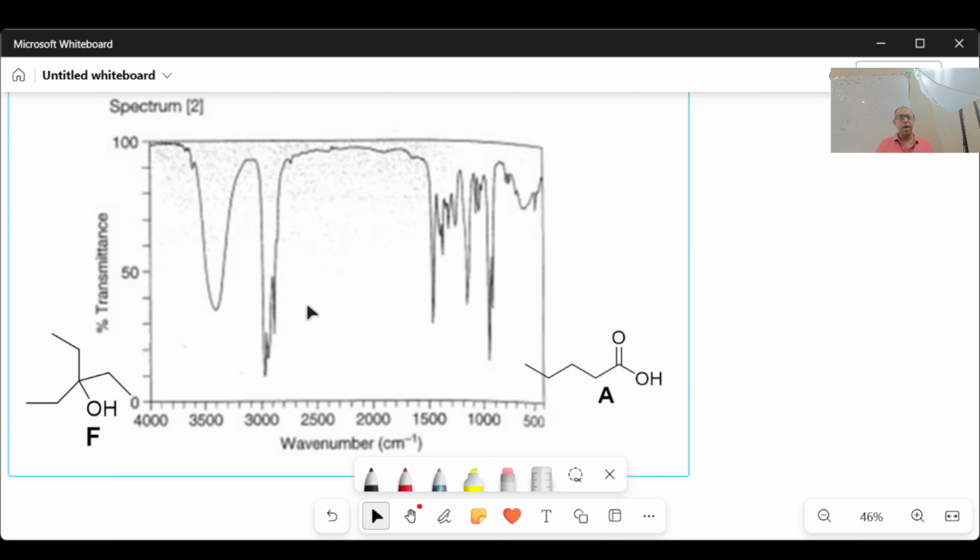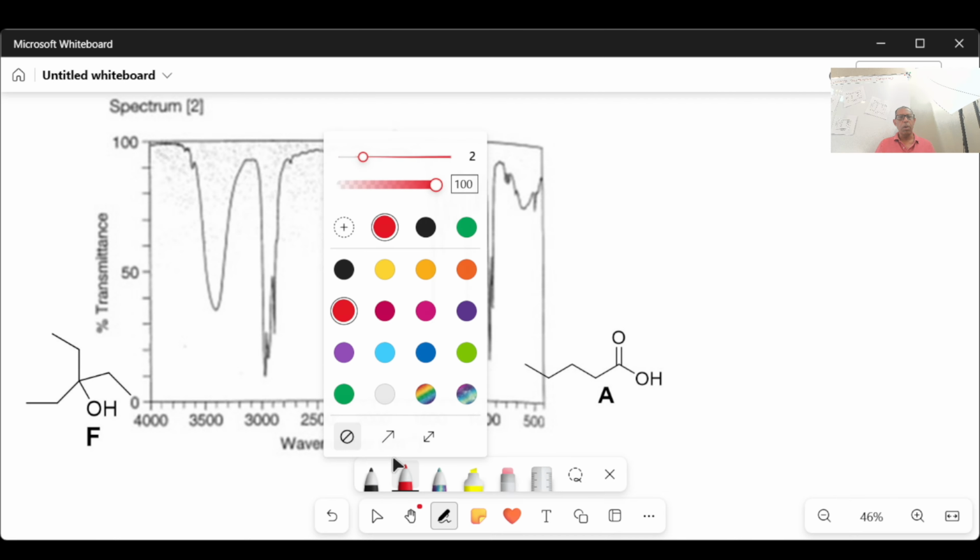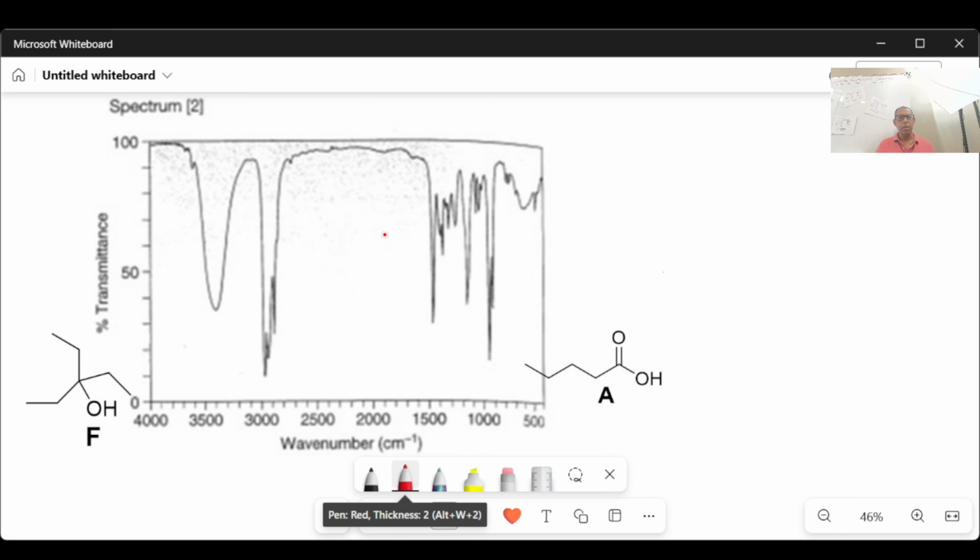Spectrum 2 has these two compounds, A and compound B. Remember, the common thing they have in this structure is OH, this is from an alcohol, and you have OH from a carboxylic acid. It might be confusing because the OH stretching frequency is shown in this case.